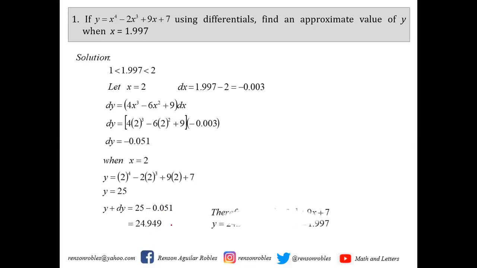And therefore, when y equals x to the 4 minus 2x cubed plus 9x plus 7, y is equal to 24.949 when x equals 1.997. And this is a very good approximation for the value of y when x equals 1.997.